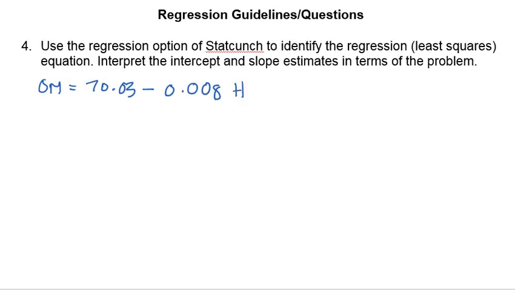In this case, the y-intercept really does make sense. Remember, y-intercept is the value of y when the x variable, which is H, is 0. So for the y-intercept, the meaning is when there are 0 hotel rooms nearby.